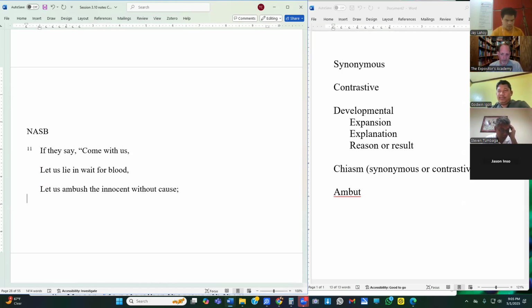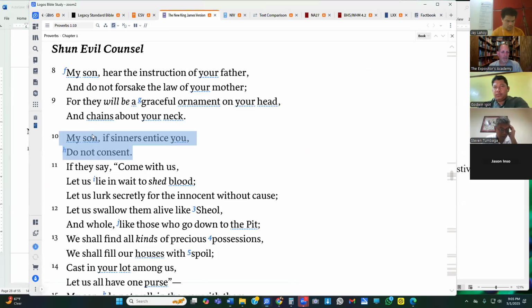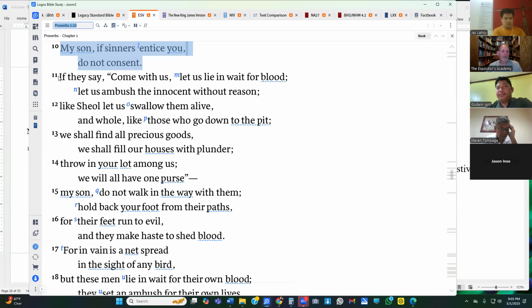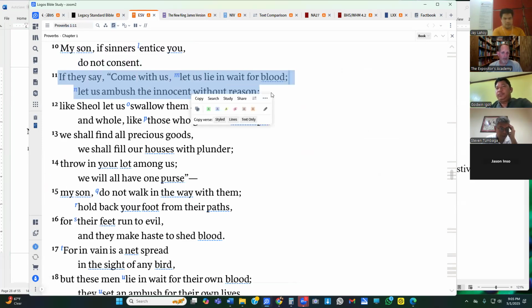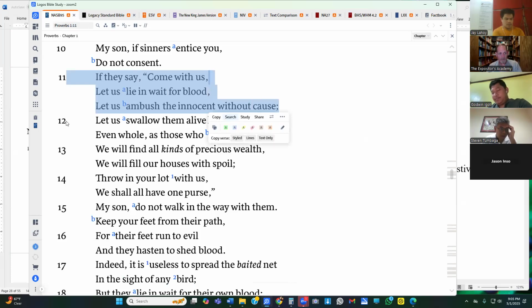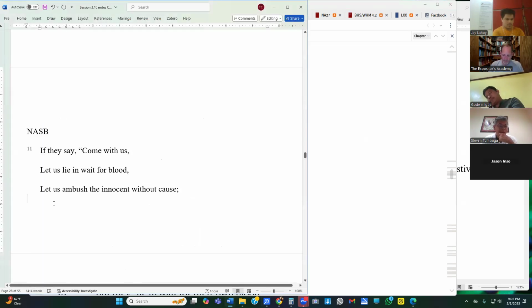What we want to do is make sure, so let's look at the other two translations. New King James has 3 lines. ESV has 2. But by our rule, we take the one that's 2 out of the 3, and the New American Standard also has 3 lines. So we go with the 3 lines. Okay, so we'll stick with the New American Standard.